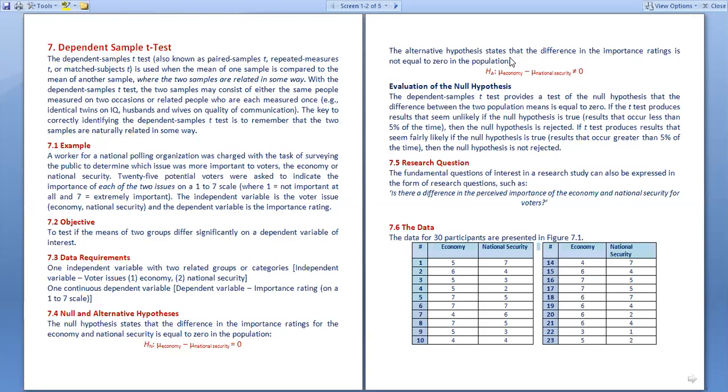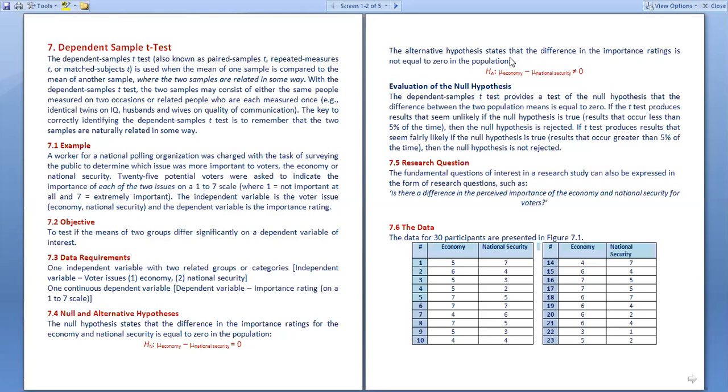Now, talking about the evaluation of these hypotheses, if the significance value comes to more than 0.05, we accept the null hypothesis. If the significance value comes to less than or equal to 0.05, we accept the alternate hypothesis. Now, talking about the research question, it is a question we frame, which we'll be answering in our analysis.